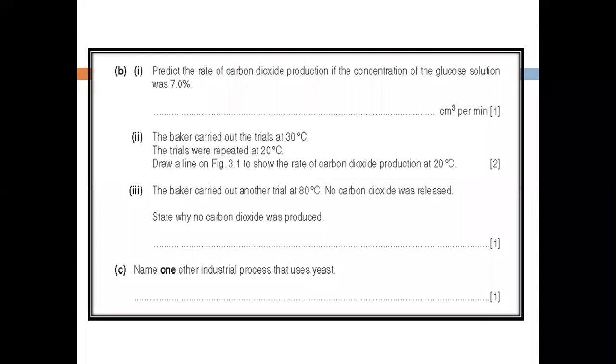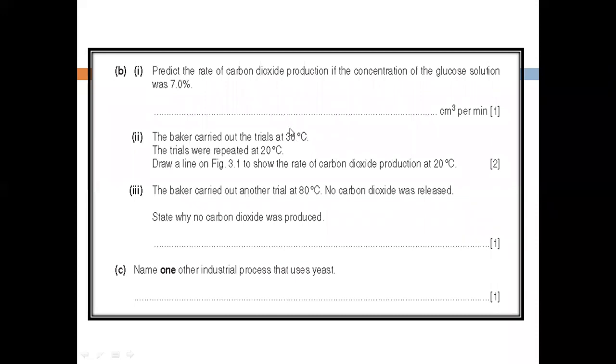Second, the baker carries out the trial at 30 degrees Celsius. The trial was repeated at 20 degrees Celsius. Draw a line on figure 3.1 to show the rate of carbon dioxide production at 20 degrees Celsius. We know enzymes need an optimum temperature.